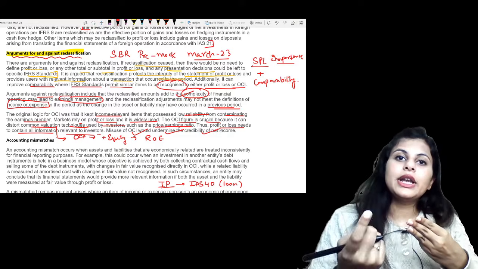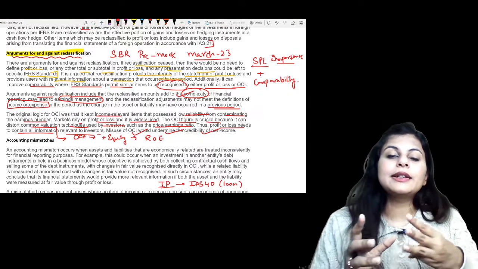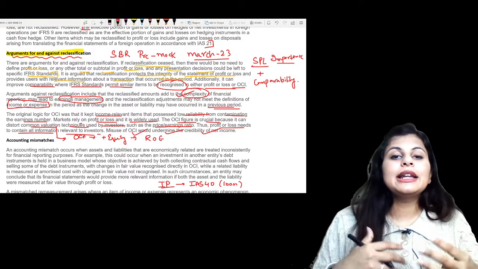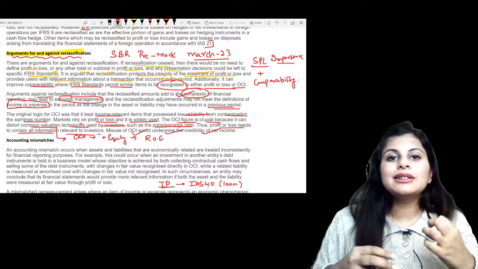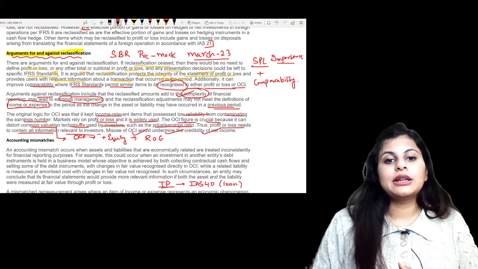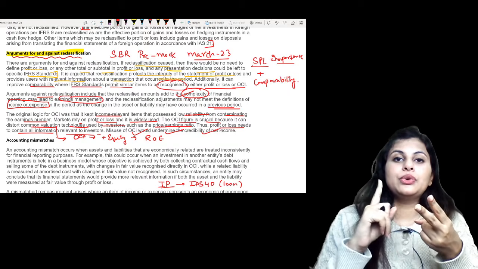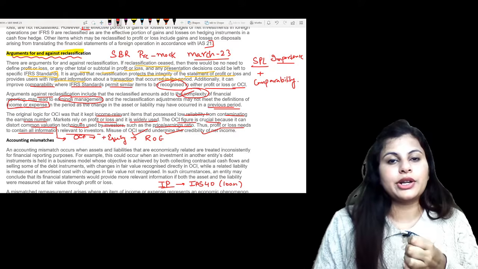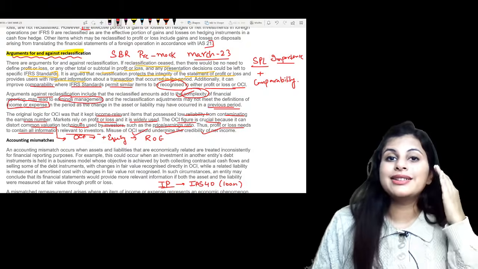Then they further explain manipulation, that if what is less relevant is put into OCI, then the accountant further takes it to the P&L, then it will also affect our key performance indicators. So these are the 3 or 4 disadvantages and 2 advantages. So now you understand what reclassification is. You know the list, you know the advantages and the disadvantages. These things are very important for your exam. Make sure you understand them.